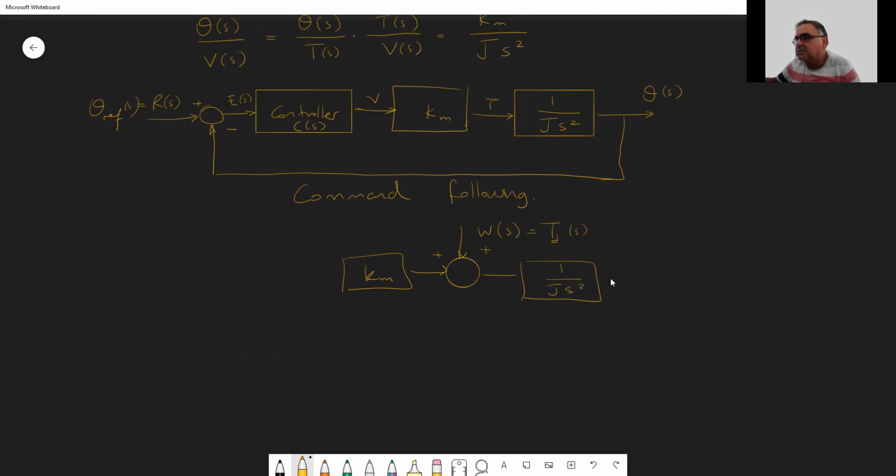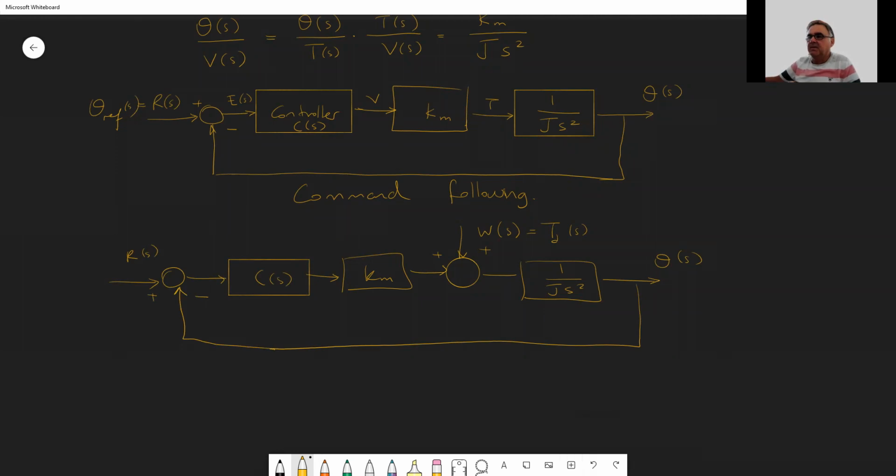Then 1 over Js squared of S, that is the control C of S. There might still be R of S. Here, the aim is disturbance rejection. We want to eliminate the effect of the disturbance.